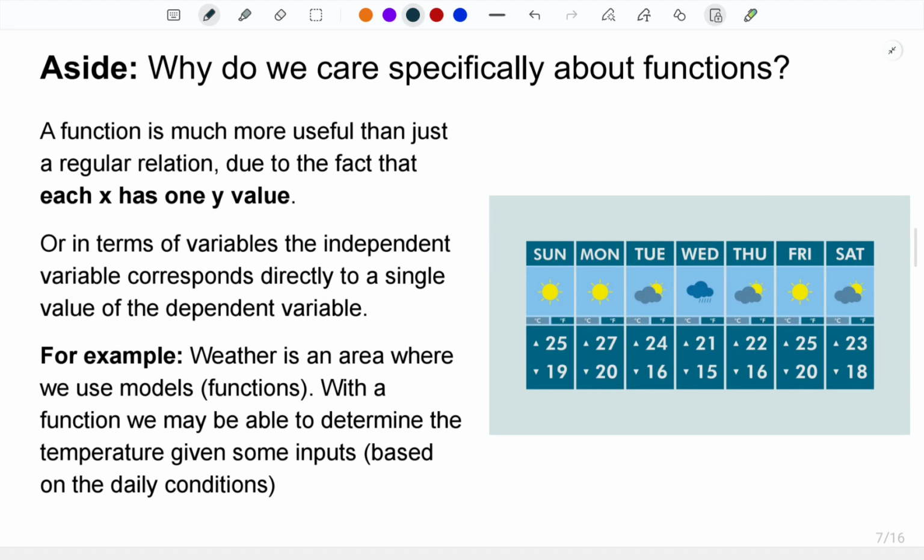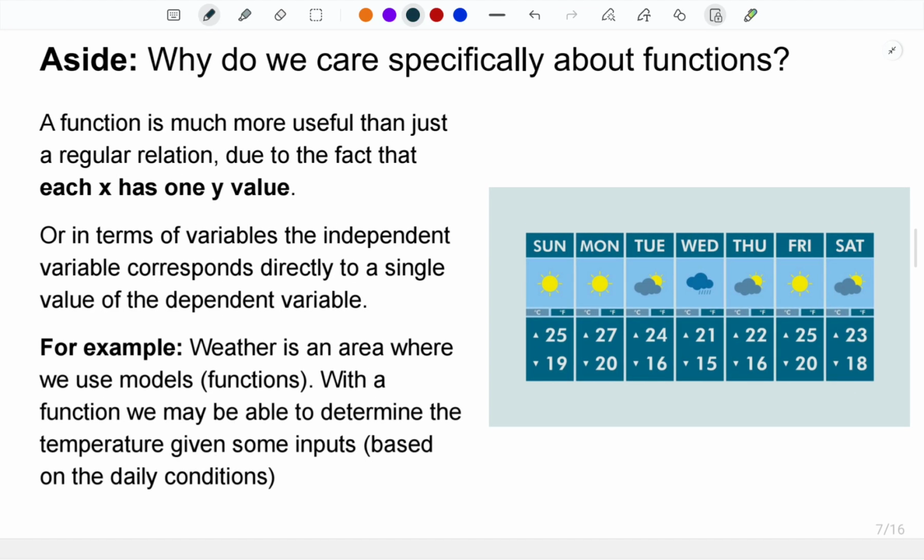So for example, if we're looking at the weather, we want to create a model, but we want our model to say, given these conditions, the weather person would, of course, have the information for that. It'll output something like the temperature or the humidity, whatever you're specifically looking at. But for each specific input, you have a single output. It wouldn't make sense for them to output 5 different temperatures and then you're just picking and choosing the temperature.